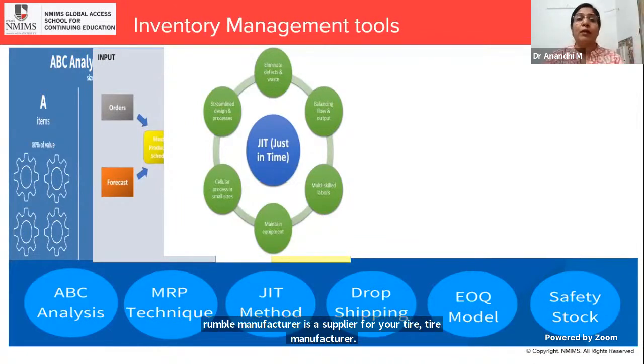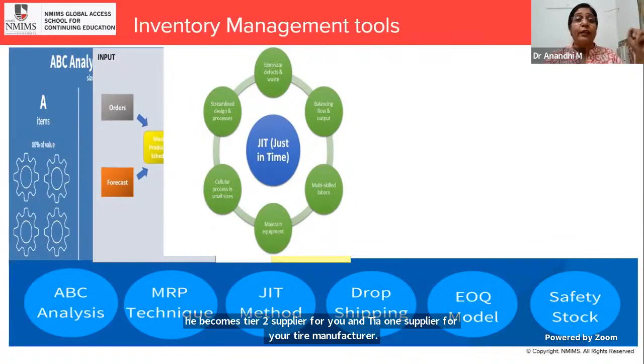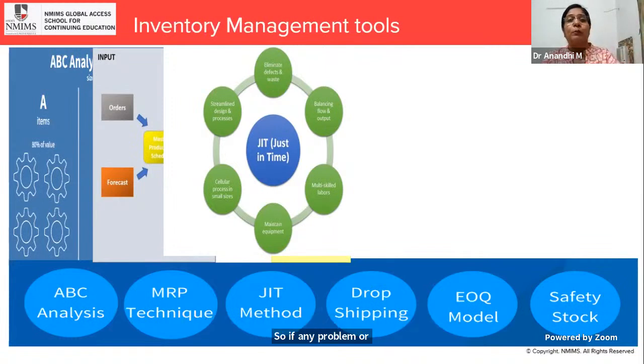So any problem or strike going on with the rubber manufacturer is going to indirectly affect your production also, not only the tire manufacturer. So if you are going with just-in-time methodology, you need to ensure your complete supply chain is performing well without any problems or hindrances.